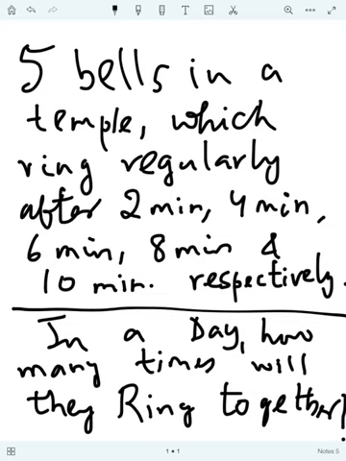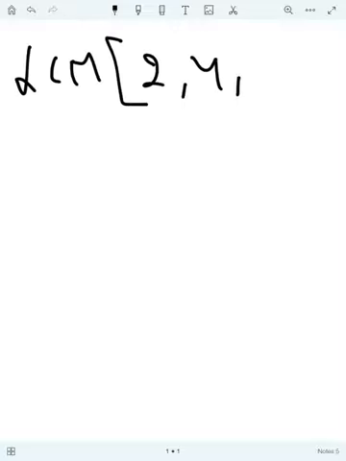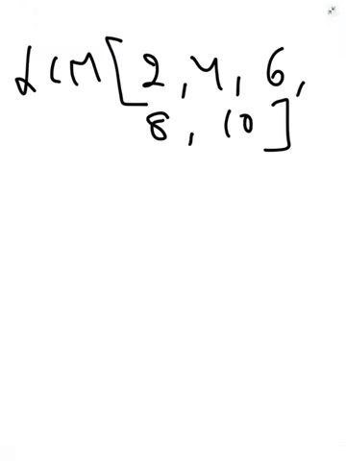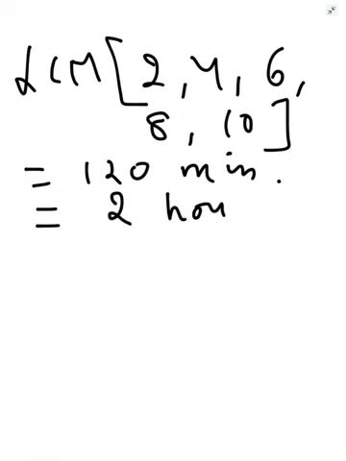So we have to apply the LCM here because this is a repeated process. First find the LCM of their time periods, which were 2 minutes, 4 minutes, 6 minutes, 8 minutes and 10 minutes respectively. When you calculate the LCM, it will come out to be 120 minutes, or you can say 2 hours.